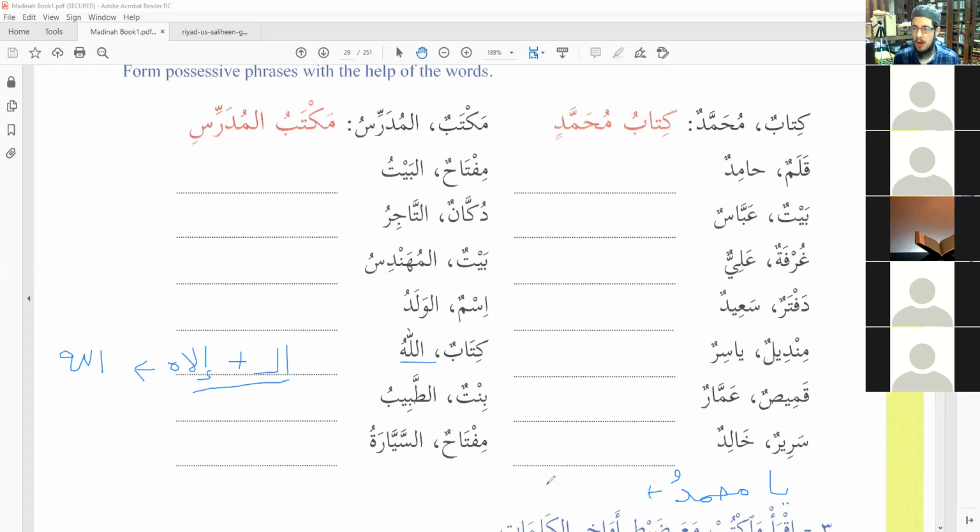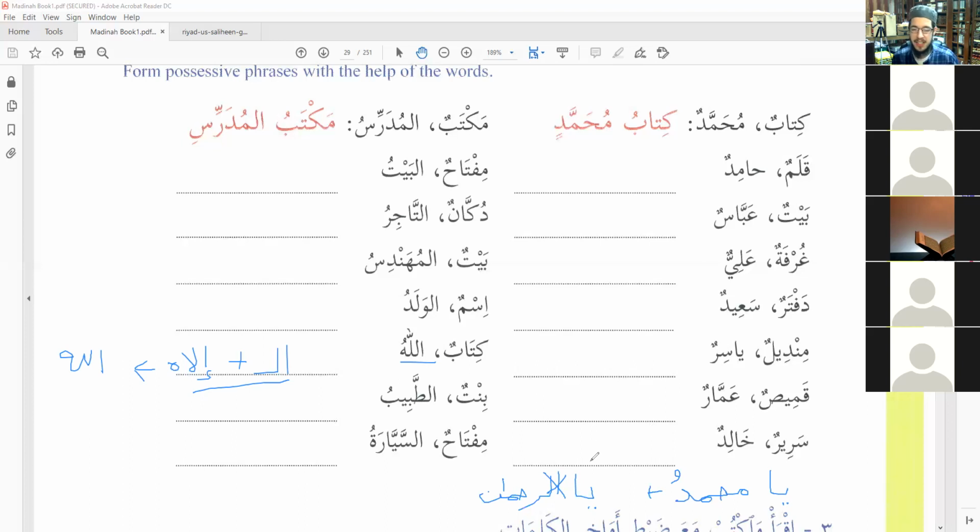If I want to call upon Allah's name, Ar-Rahman, Alif Lam, Rahman, if I put ya, then I drop the Alif Lam. I say Ya Rahman. I don't say Yal Rahman, and I don't say Ya Al Rahman, right?